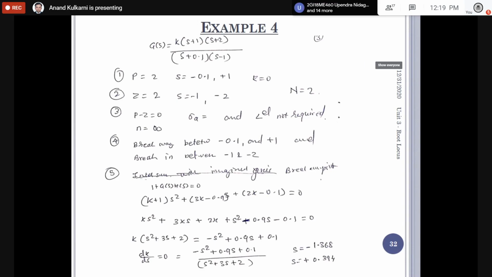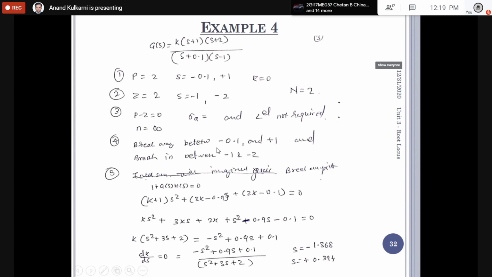So just leave that point. Don't write anything about the asymptotes. Actually, you are getting 0 asymptotes here, but it is not so. Actually, you will get infinite asymptotes. Why infinite? For a circle, you can draw infinite asymptotes, infinite tangents.